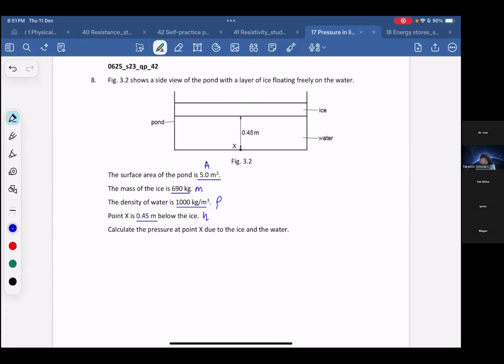Calculate the pressure at point X due to the ice and also due to the water. So they want to know the pressure due to the ice and the pressure due to the water. Okay, can you do the calculation? What is the pressure due to the ice and what is the pressure due to the water?